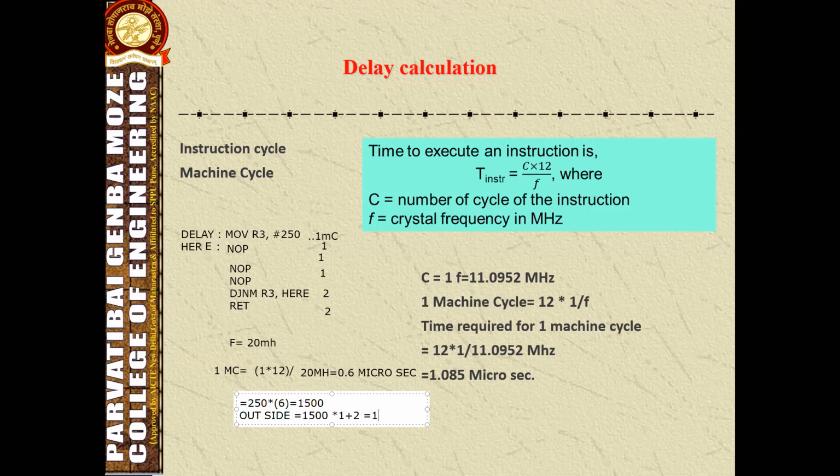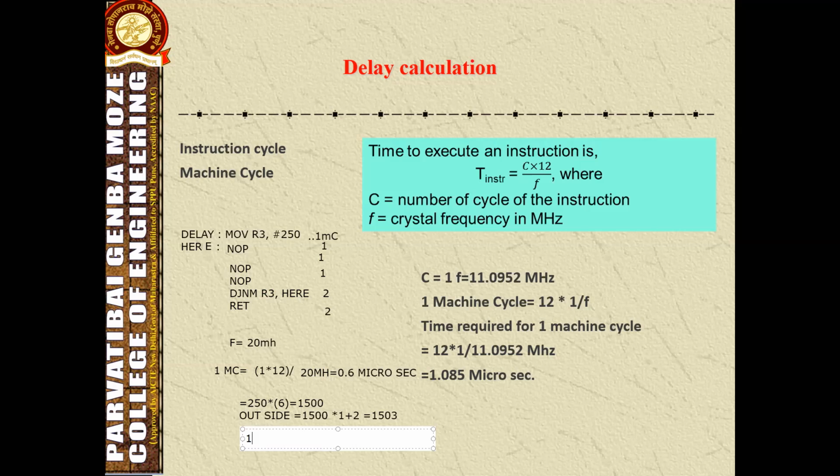So a total of 1503 machine cycles is required for executing this delay subroutine. Each machine cycle takes 0.6 microsecond for the execution.